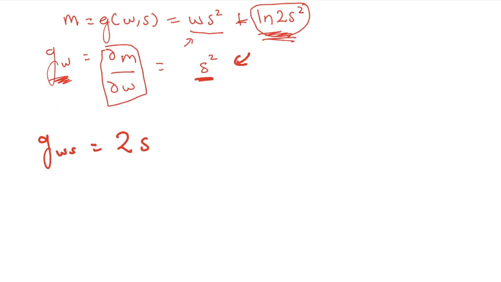So that's the answer. Okay, now, finally, because it says that you need to find GWS, when the value of W is 1 and the value of S is 2, then how do you find it? We know that 2S. Do you see W? No W here, isn't it?